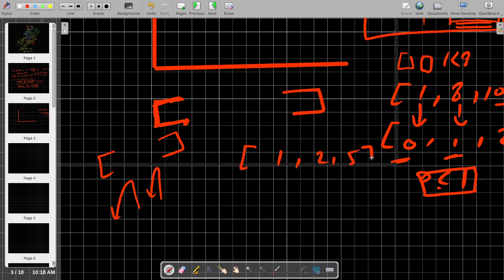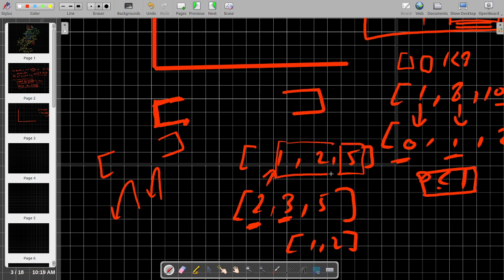Like 1 2 5. Let's say the list is 2 3 5, and I have to deal with numbers less than or equal to 2. So I will insert 1, 2 in my data structure, then for less than or equal to 3, my pointer has already inserted 1, 2, so it will insert 3, and then we go to 5, the pointer will shift here and insert 5 into the data structure: 1 2 5.